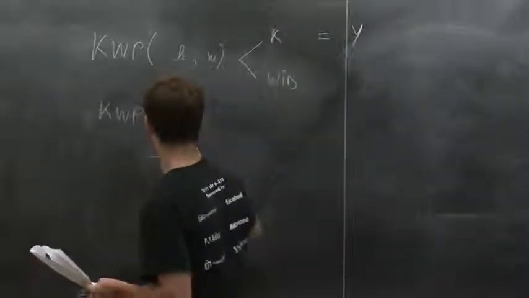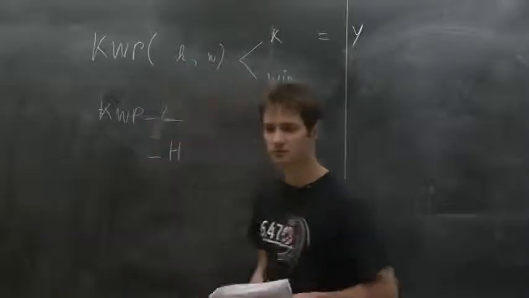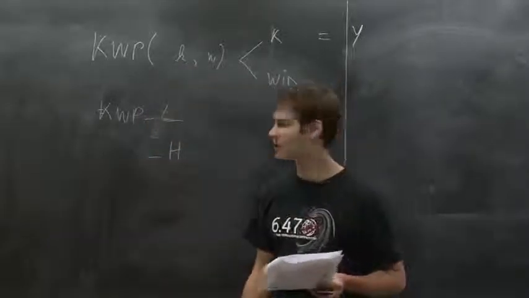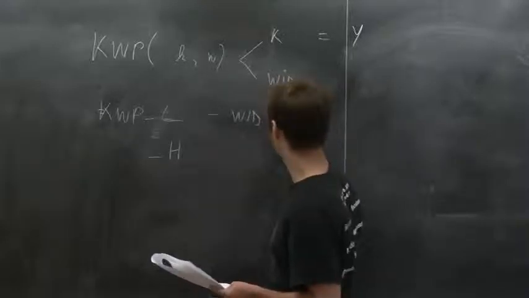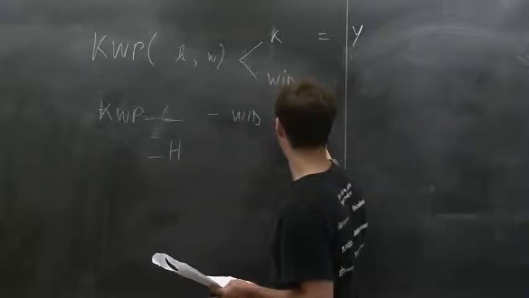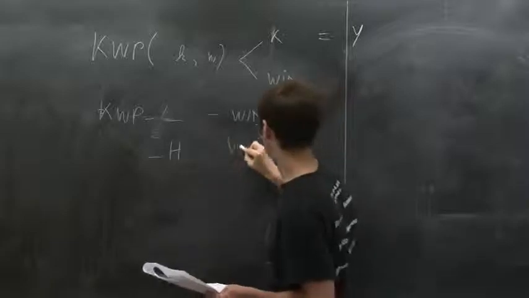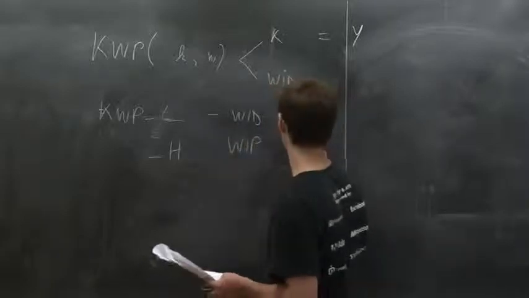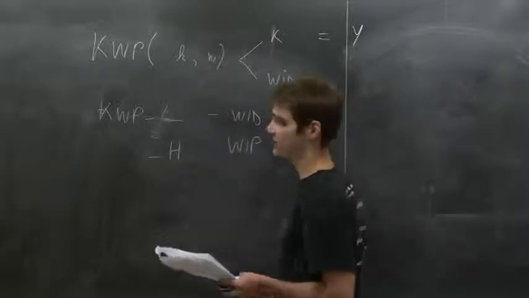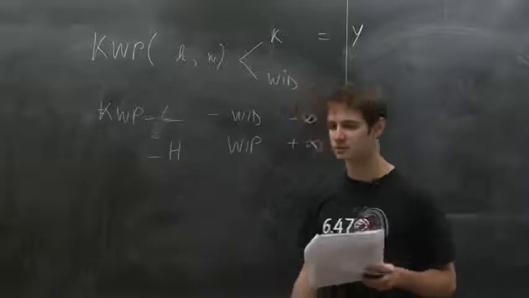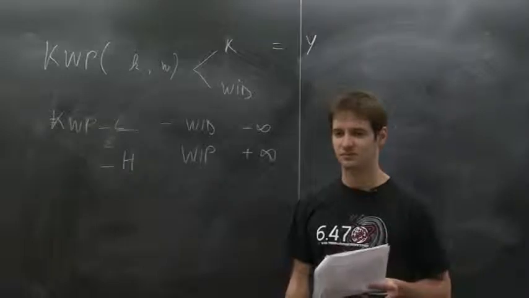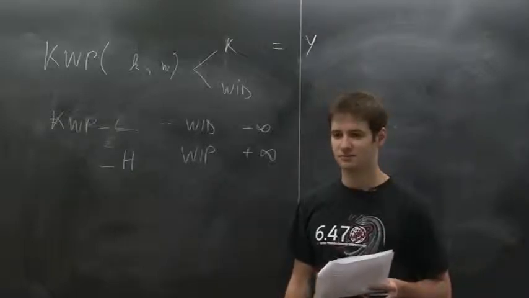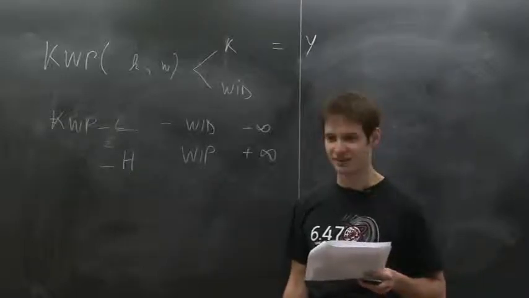You have the minimum and maximum wire IDs. Okay, so very good observation. The wire ID for the low key pair looks like minus infinity, and the one for the high key pair looks like plus infinity, as long as I don't have more than 1 billion wires. Okay, what do these things not have? They don't have a wire.